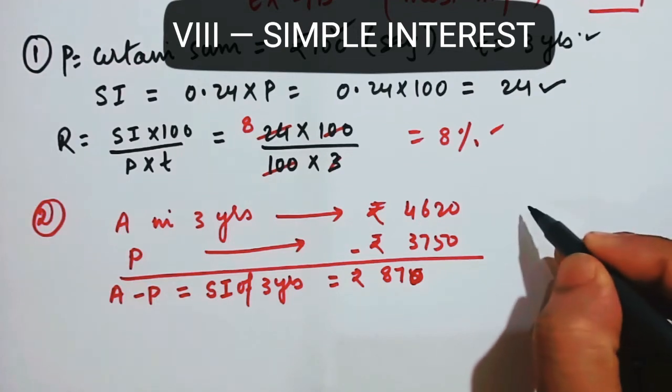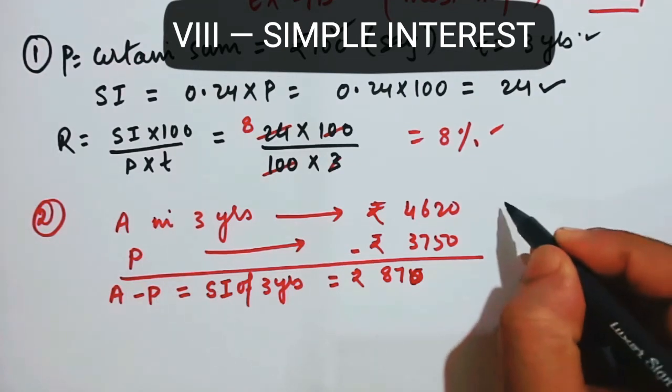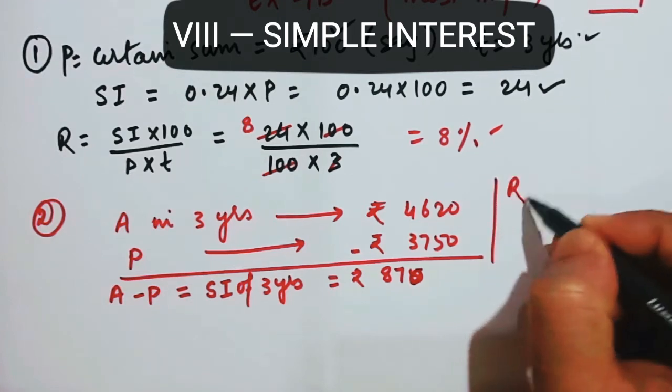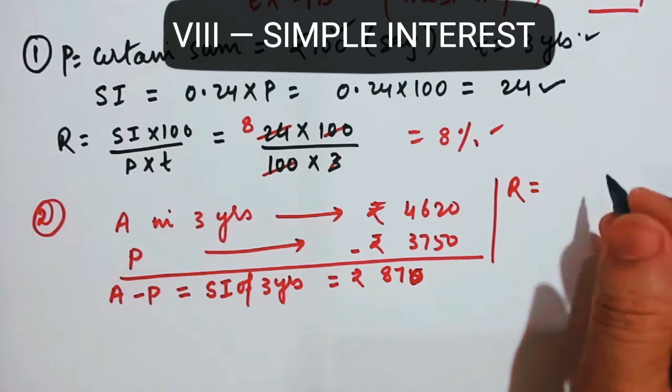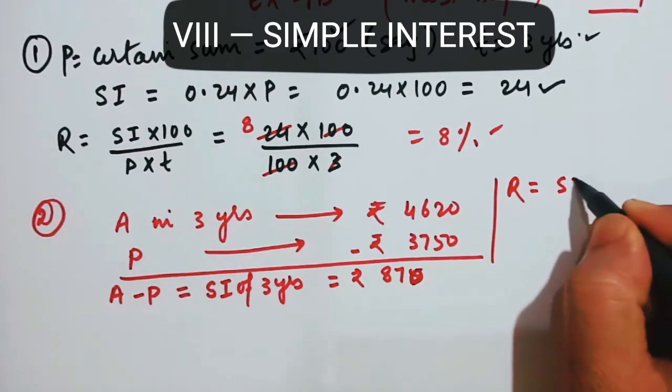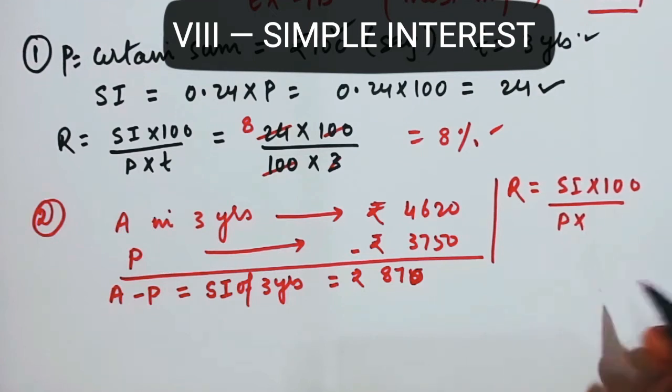How to find out the rate? So my dear, your rate will be equal to SI into 100 by P into T.